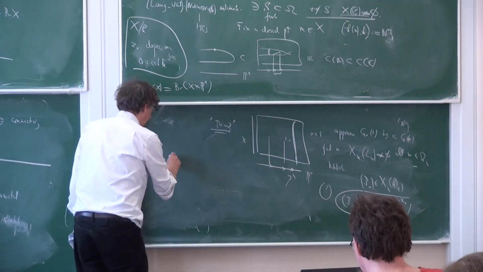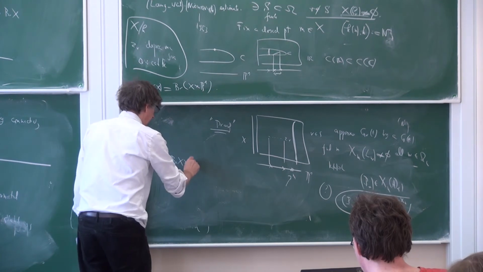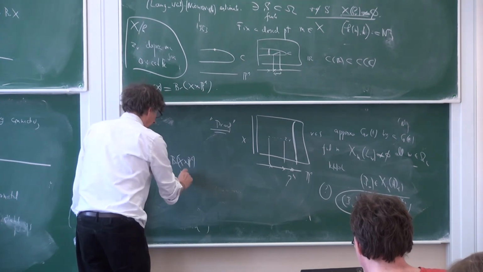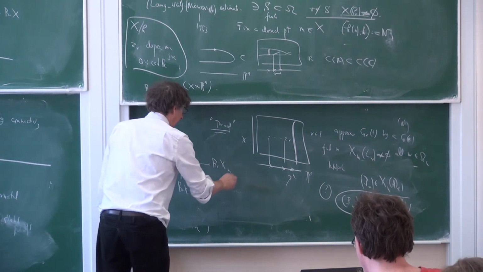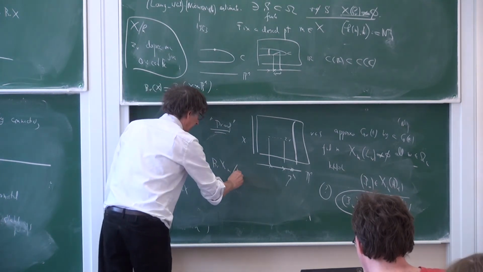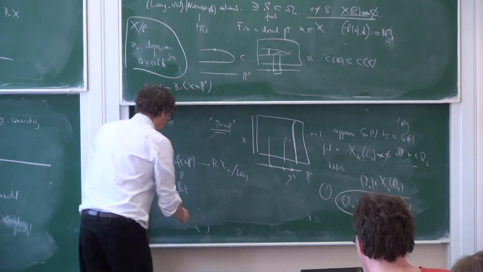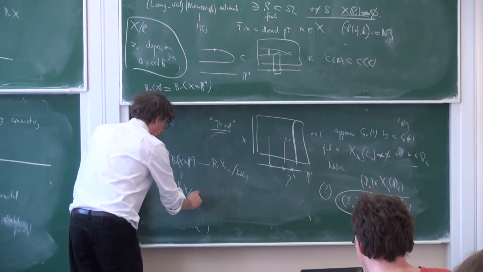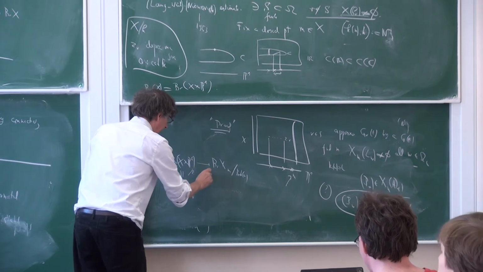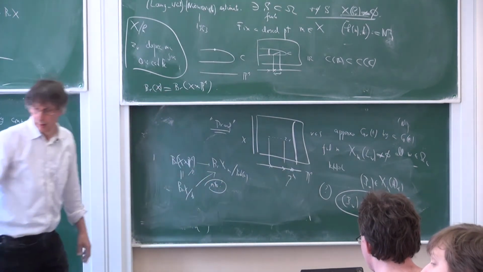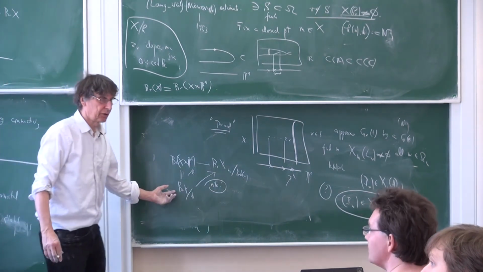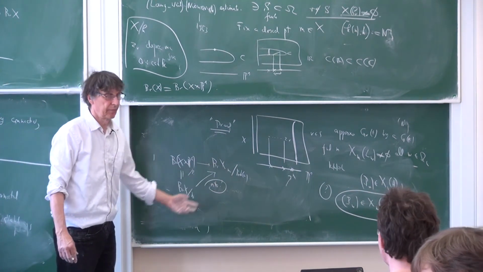So you want the map from Br of X cross P1, which is Br of X, to Br of X_M, the evaluation map, modulo Br of the constants, so modulo Br of K. You want this map to be onto. See, because you started with a point which is orthogonal to this, and you want this map to be onto.